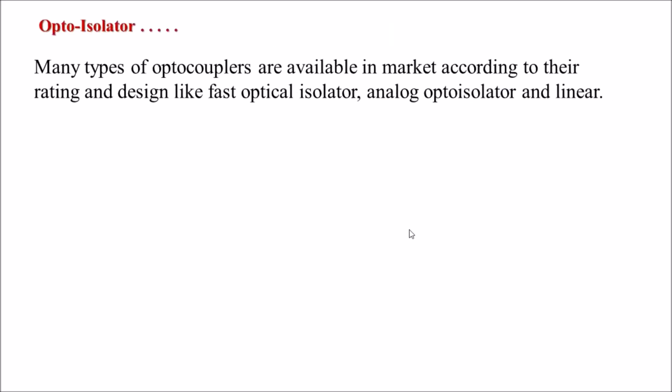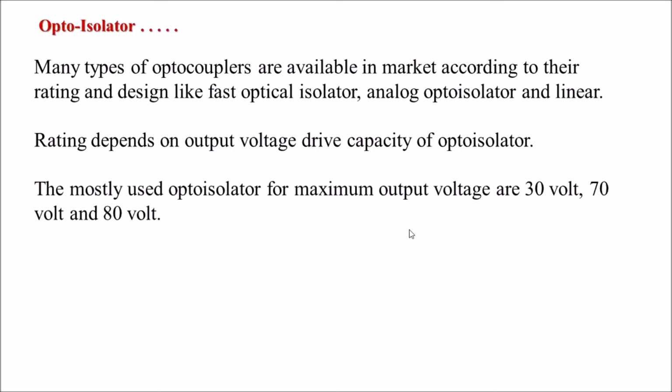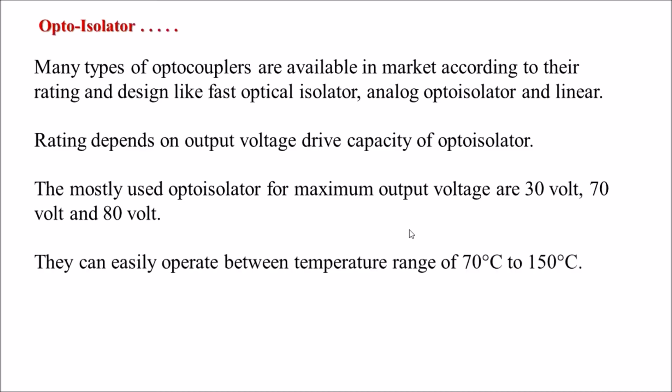Many types of optocouplers are available in the market according to their rating and design, like fast opto isolator, analog opto isolator, linear opto isolator. The rating of these optocouplers depends on the output voltage drive capacity of the isolators. The mostly used opto isolators are for maximum output voltage of 30 volt, 70 volt, 80 volt.